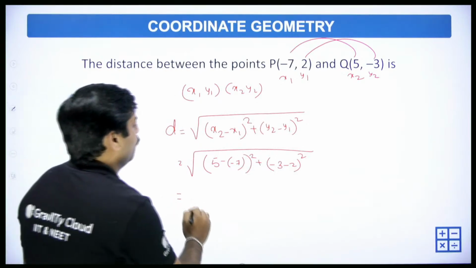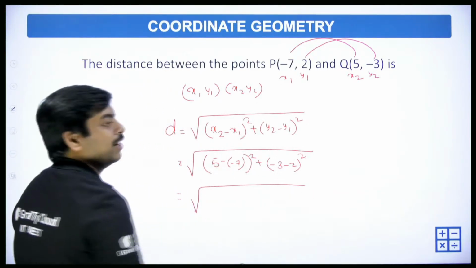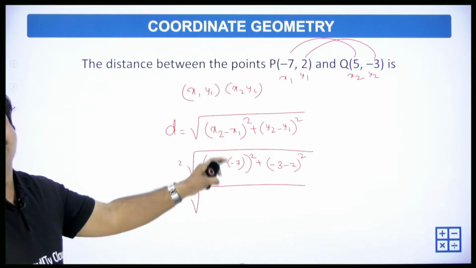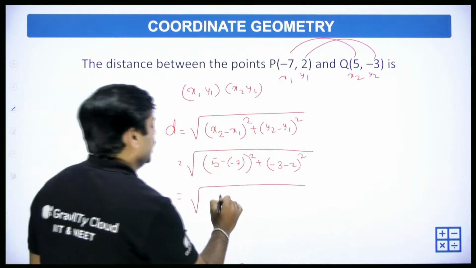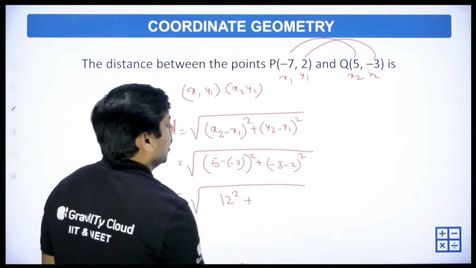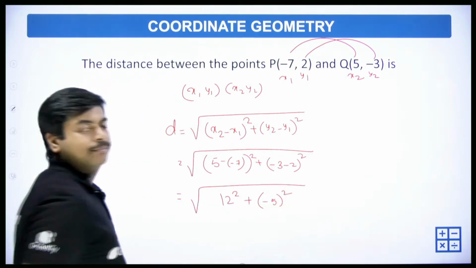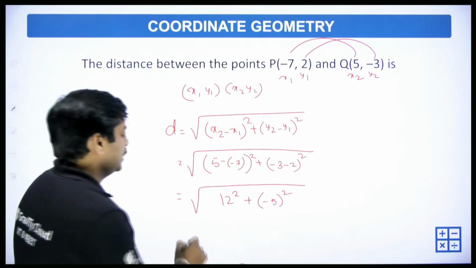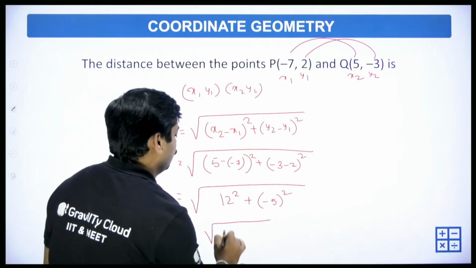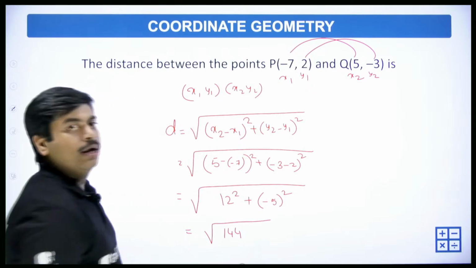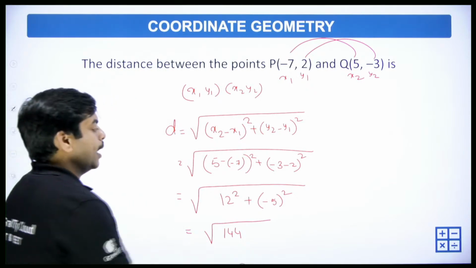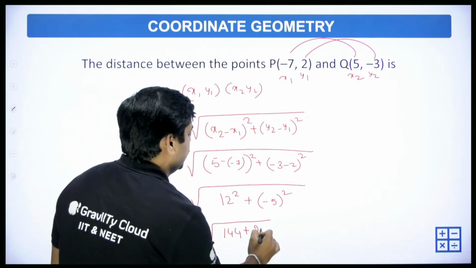So 5 minus of minus 7 is 5 plus 7, which is 12. 12 square plus minus 5 square. 12 square is 144, plus 5 square is 25.